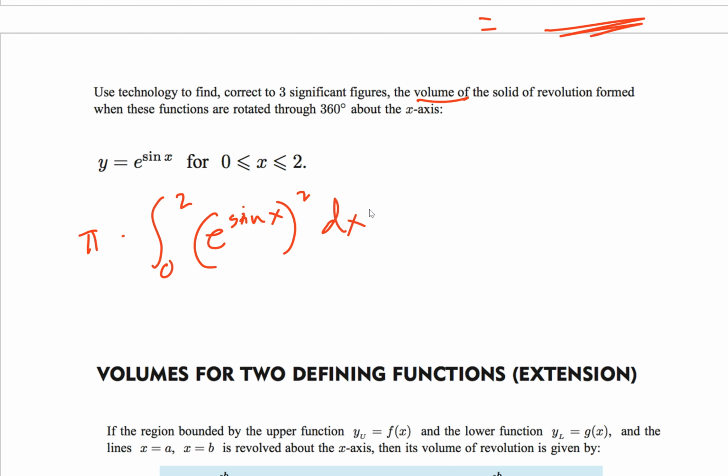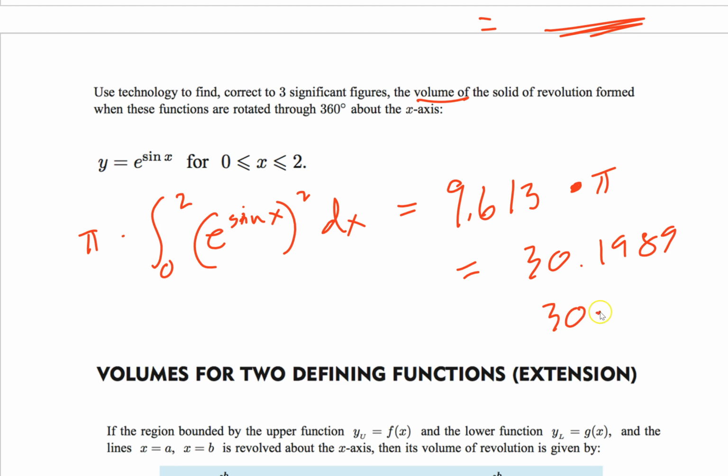Plug it into your calculator, and you get 9.613 times pi, which gives 30.1989, or to 3 sig figs, 30.2. Straight out, just put it in your calculator, the exact same way you'd normally do it.